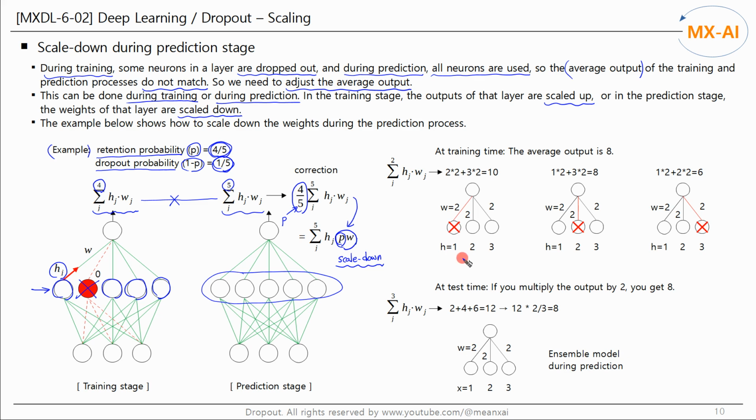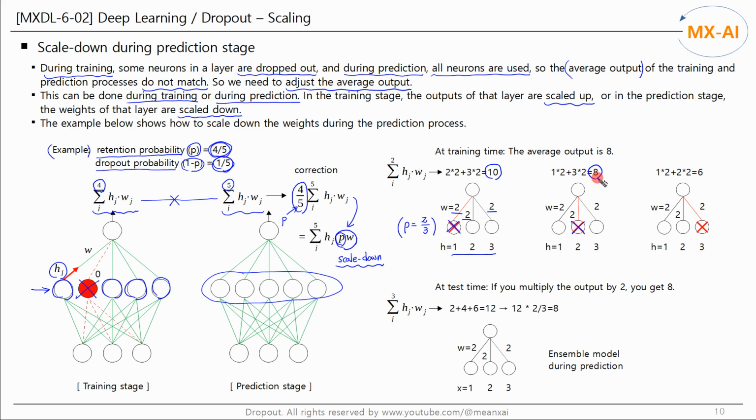Let's assume we have a simple linear neural network as shown below. During training, dropout results in multiple subnetworks. Let's assume that all W's are 2, and the inputs are 1, 2, and 3. The retention probability P is 2/3. In the first model, the first neuron was dropped, so the output will be 10. In the second model, the second neuron has been dropped, and the output is 8.